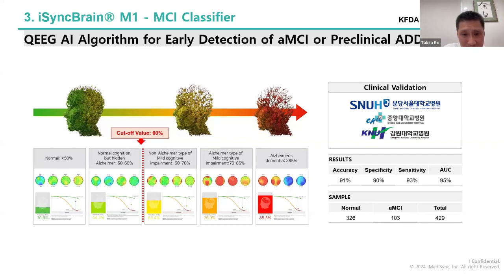Sometimes the probability score is above 75%, but apparently he or she has no MCI symptom. In that case, I'm very worried about that explanation. Yes.